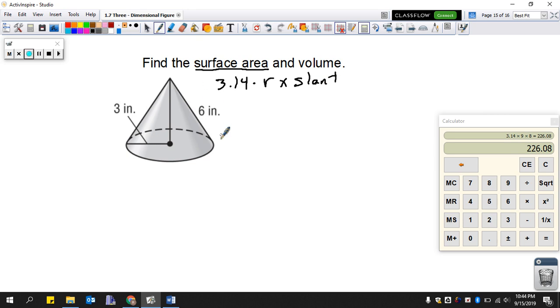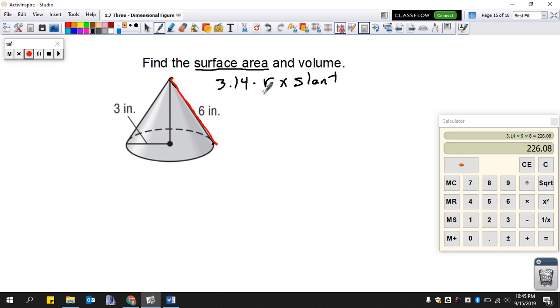Slant height is the length of the side from the vertex to the outside of the circle. So the slant height would be this, the length of this side right down through there, which we can see as 6.